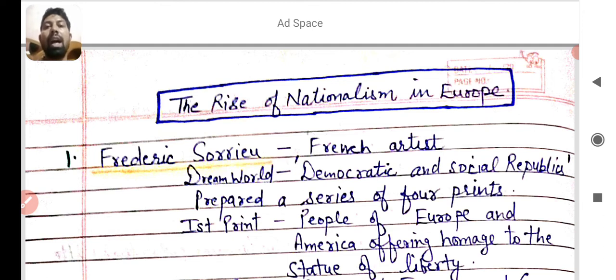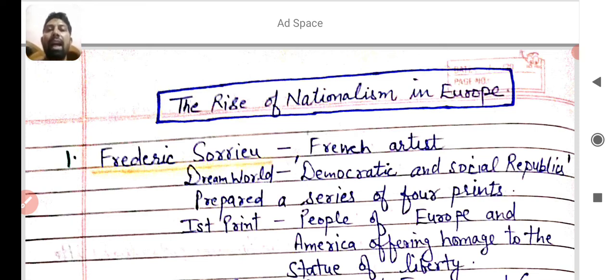Firstly, to start with the lesson, we have a picture in the lesson made by Frederick Sorrieu. Now we will learn what the main features of that series of pictures made by Frederick Sorrieu were.